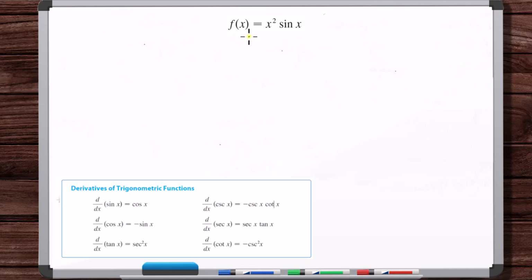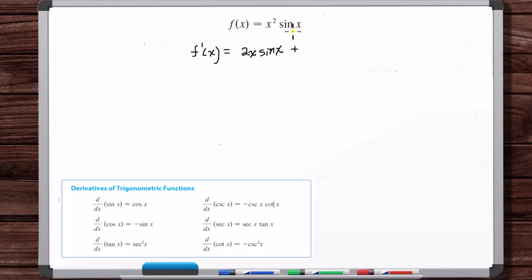Okay, let's get started. So to find f prime of x here, we need to use the product rule. Here's one function of x, here's another function of x. So the derivative of the first function is 2x times the second, plus the derivative of the second function.